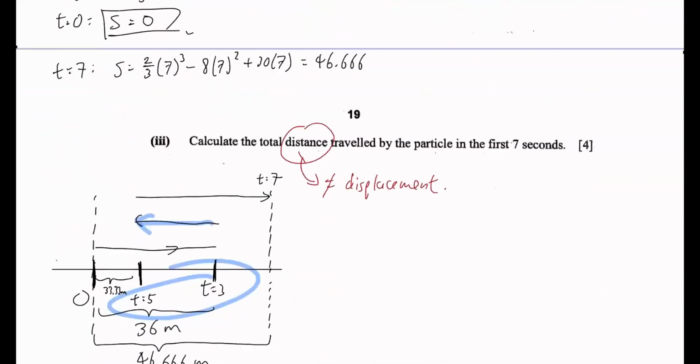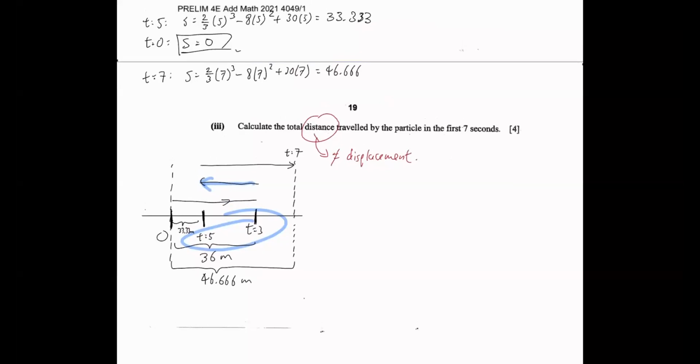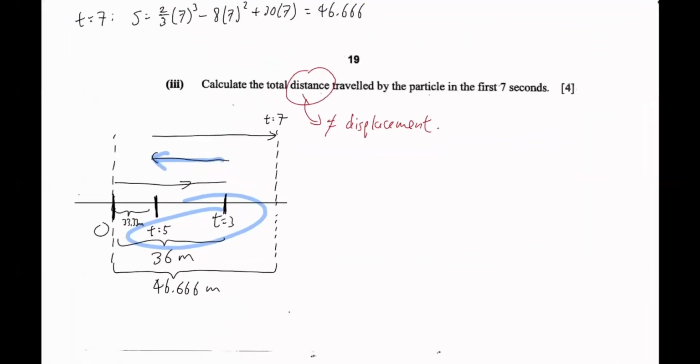Okay, moving on. Now we can also calculate the total distance traveled by the particle in the first 7 seconds, not displacement. Okay, so basically find yellow, blue, and green. What is yellow? 36. What is blue? 36 minus 33.33.